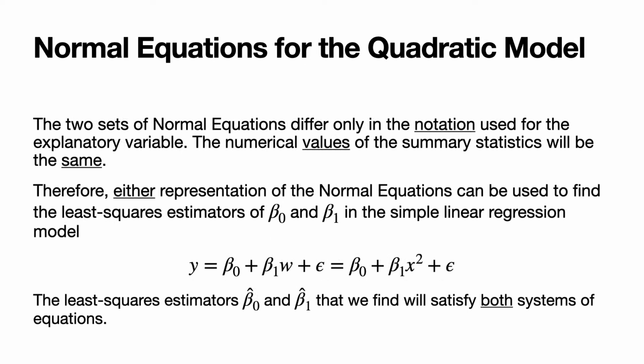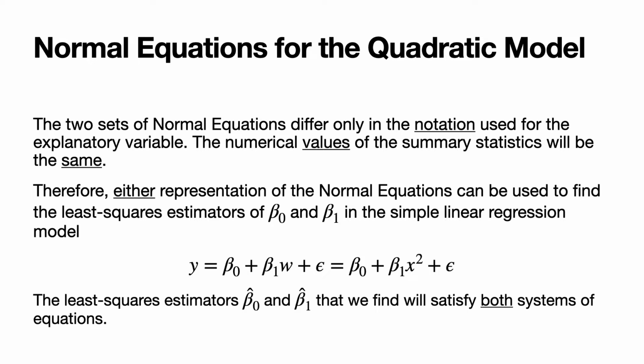The two sets of normal equations differ only in the notation used for the explanatory variable. The numerical values of the summary statistics will be the same. Therefore, either representation of the normal equations can be used to find the least squares estimators of beta 0 and beta 1 in the simple linear regression model, y equal to beta 0 plus beta 1 times w plus epsilon, which is equivalent to the model beta 0 plus beta 1 times x squared plus epsilon.